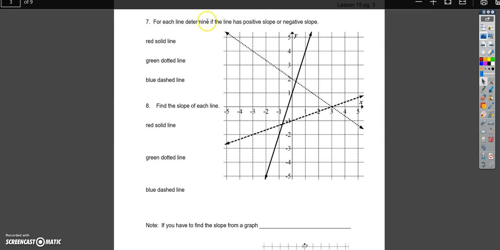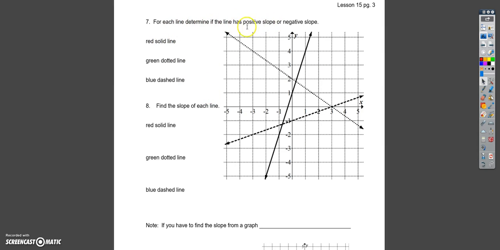For each line, tell if the line has a positive slope or negative slope. So the solid line is this line right here, and it has a positive slope. If we go from here to here, we're rising positive and we're running positive, so that would be a positive slope.